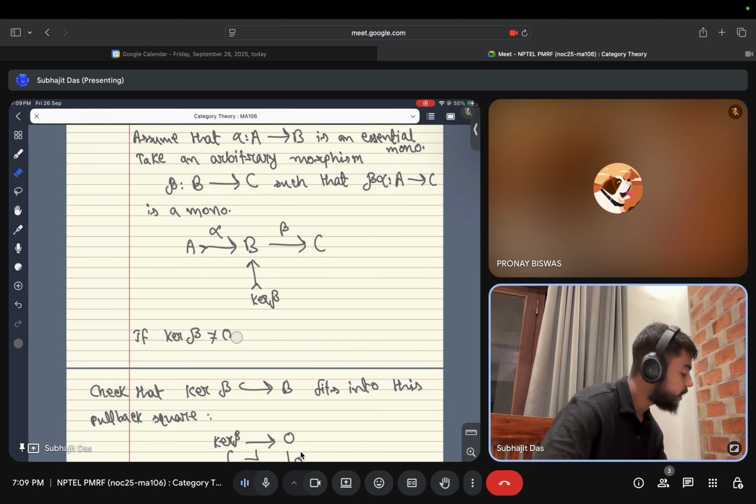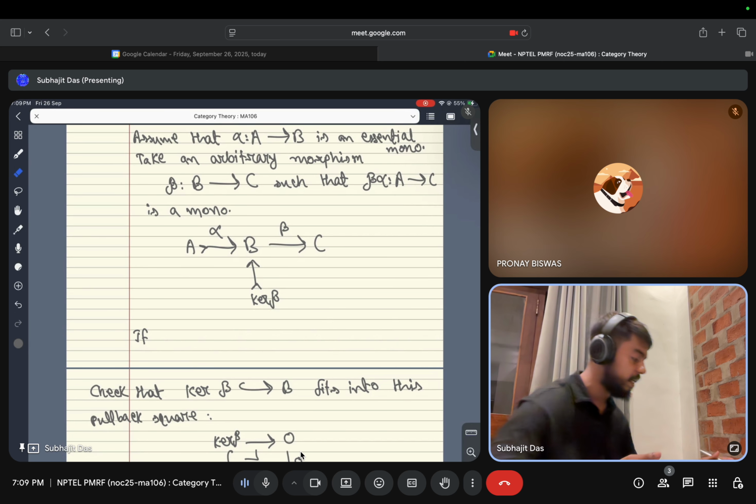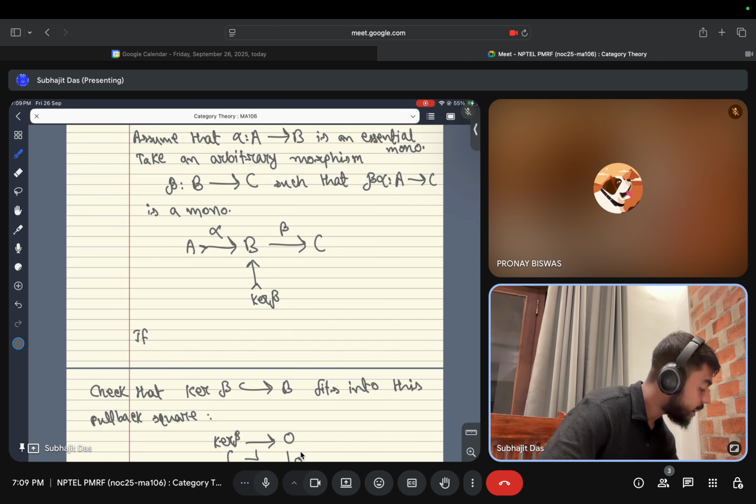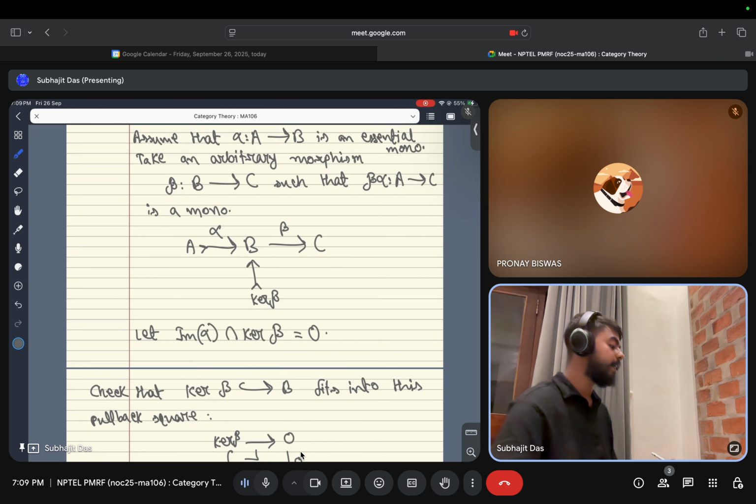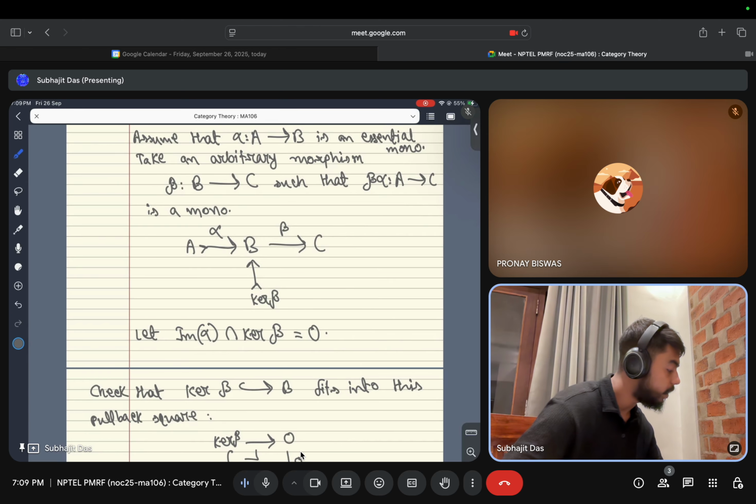We can just work with the contrapositive and rather try to show that something is zero. So we assume that image of alpha intersection kernel of beta is equal to 0. What we want really here is to show that kernel of beta has to be 0.